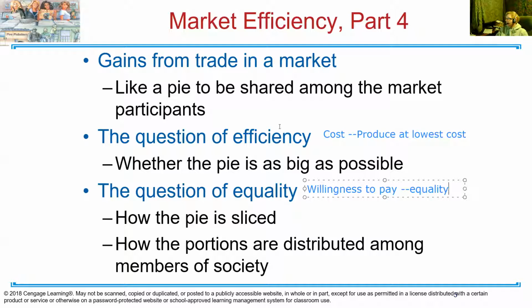Again, this doesn't mean that we do that for all products. Your book uses the example of kidneys. We don't leave that up to markets to decide. So we have governmental intervention, which we would say, as economists, is a market failure because it's not efficient.